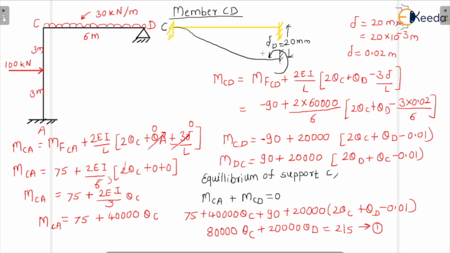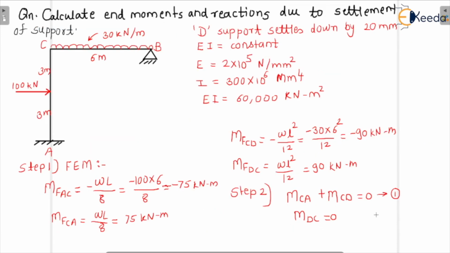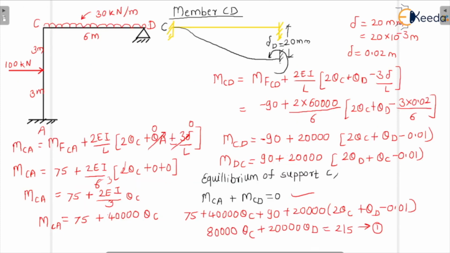Then let us write down the second equation. We have written the first equation by considering this, and there is one more relation we have to consider, that M of DC is equal to 0. So 90 plus 20,000 into 2 theta D plus theta C minus 0.01 equals 0.